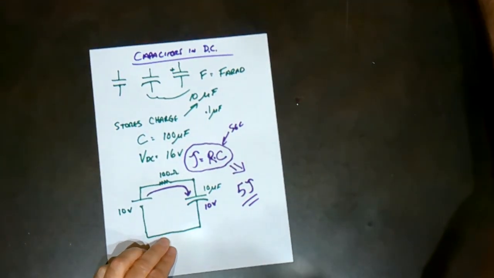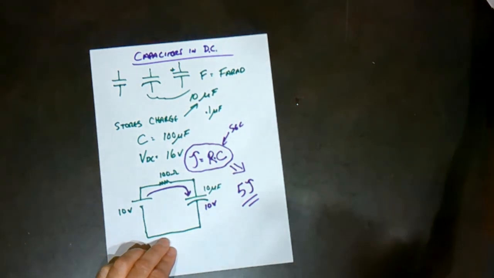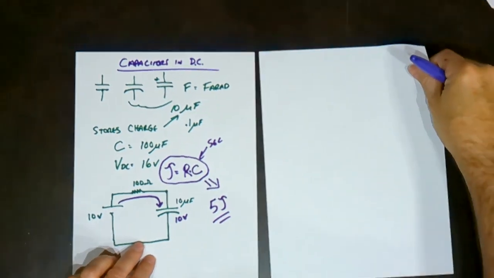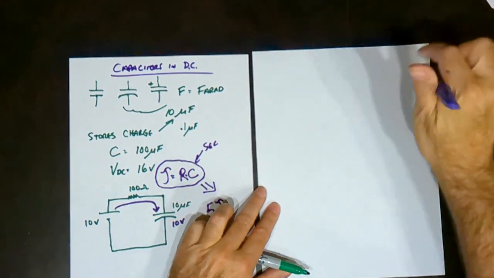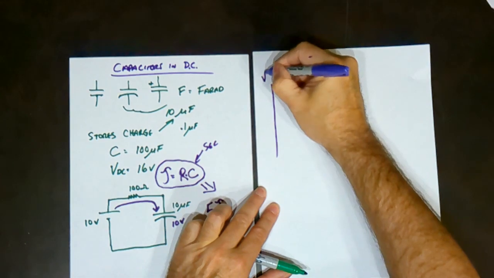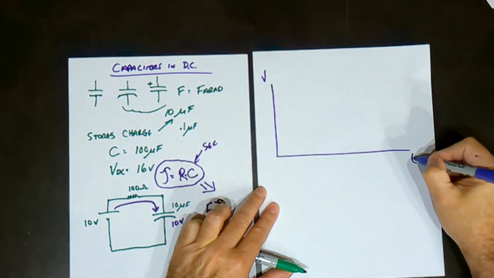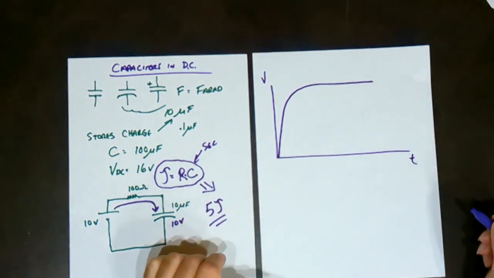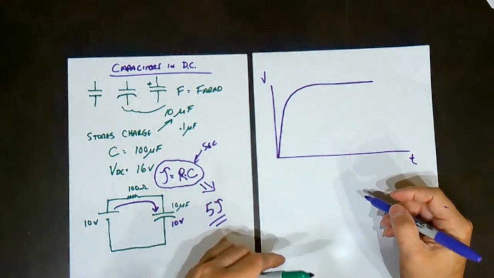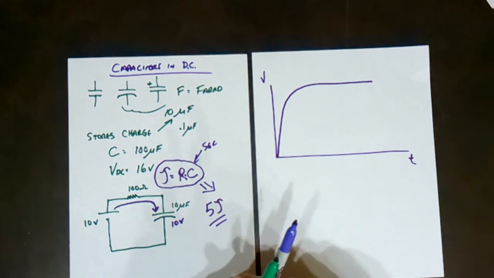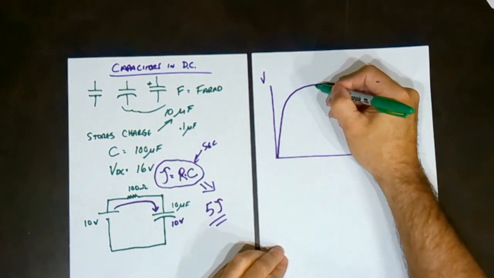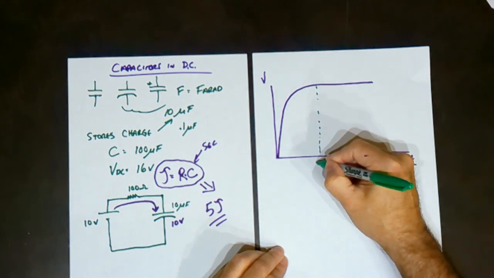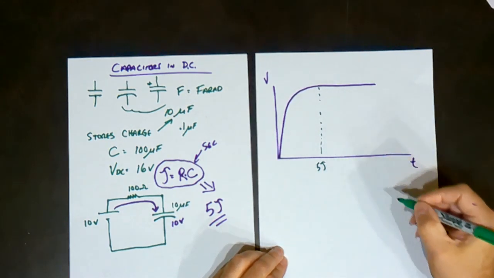There is a charge curve for a capacitor, and this is a standard for all capacitors. The charge curve looks like this. This is voltage, and this is time, and basically looks like this. It's a logarithmic graph. And if this is full charge, this amount of time is 5 tau.